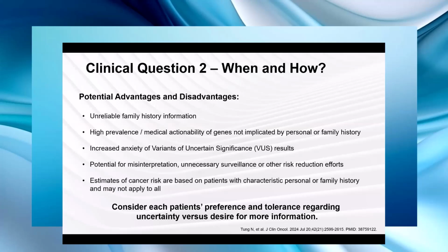So hereditary breast and ovarian cancer syndrome due to BRCA1 or BRCA2 pathogenic variants, or Lynch syndrome, have such a high degree of prevalence and actionability that the ASCO guideline actually recommended that genes associated with both of these syndromes should be tested whenever multi-gene panel testing is ordered. Next slide, please.